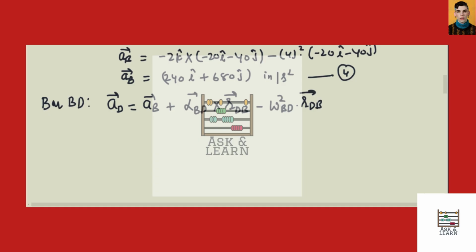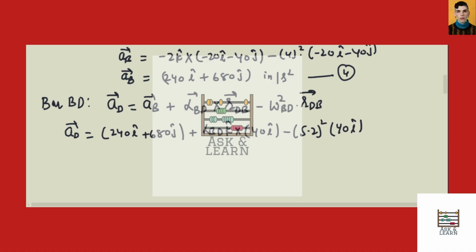Substitute the values of all three: 240 i cap plus 680 j cap, alpha BD k cap cross 40 i cap, minus 5.2 squared times 40 i cap.